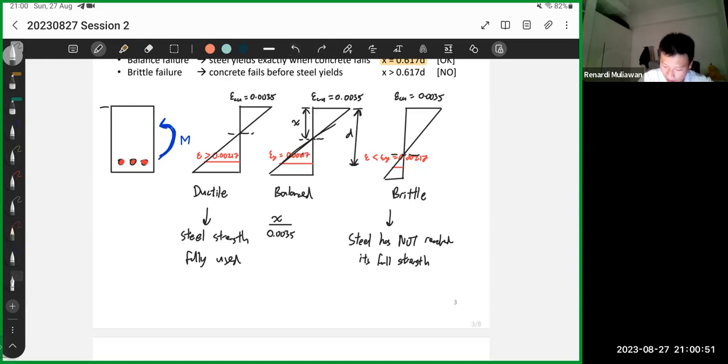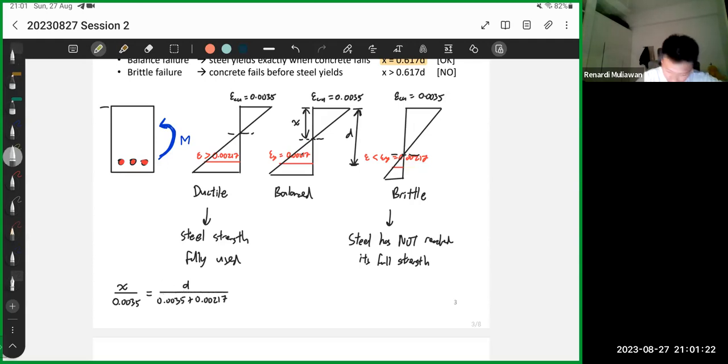Because basically this is a triangle. The triangle I'm looking at is this. That's d, and this is the base of the triangle. So it equals d divided by 0.0035 plus 0.00217.